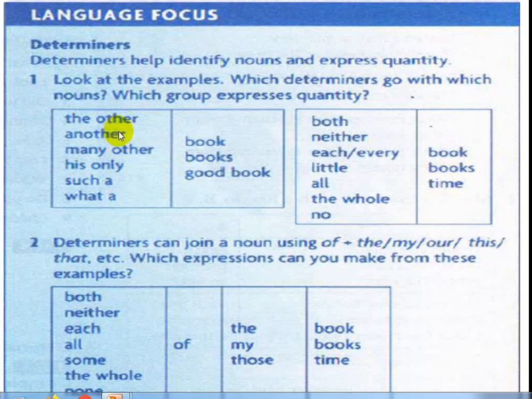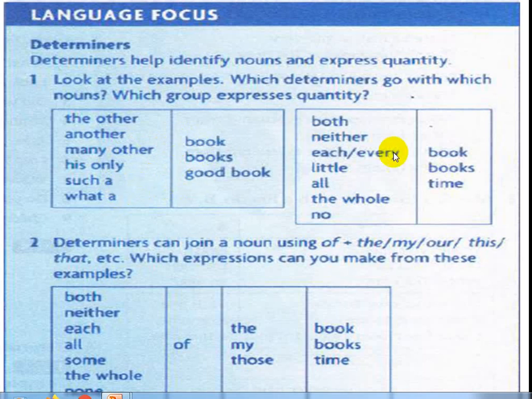We cannot say another books, we only say another book or another good book. Many other books, only books. His only book or good book. Such a good book. What a book or good book.